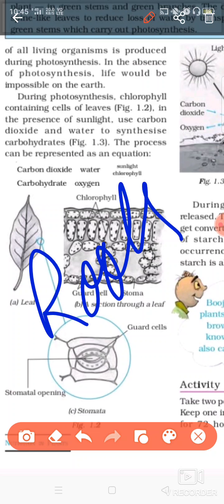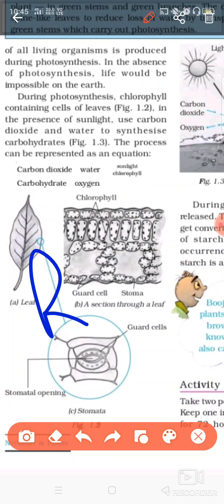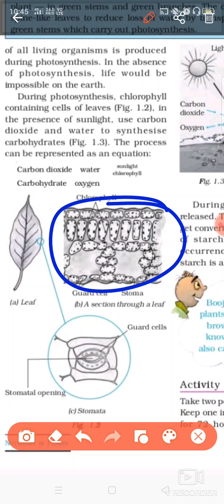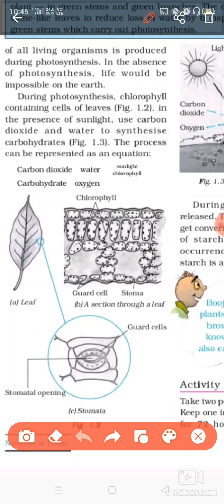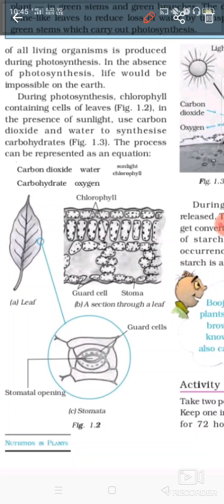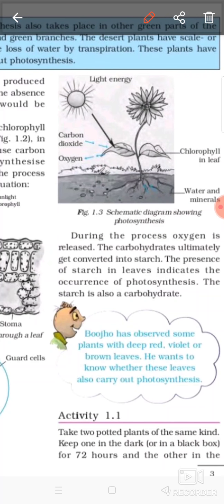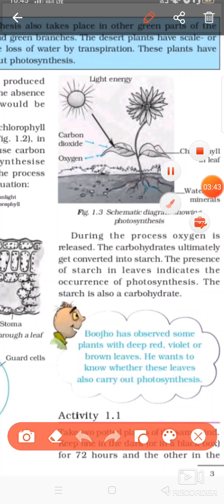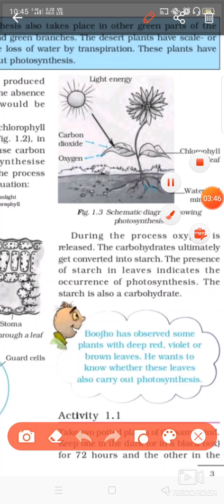Like this, everything reaches inside the leaves, and once these things are taken up, you can see in this diagram that the process of photosynthesis is very clear here.